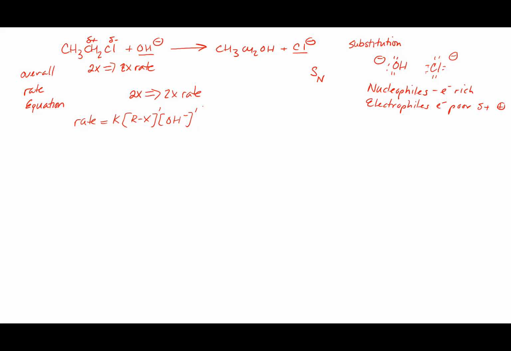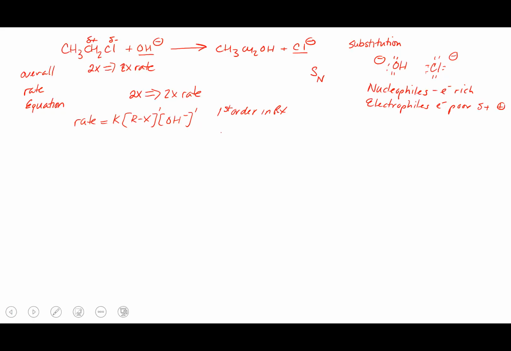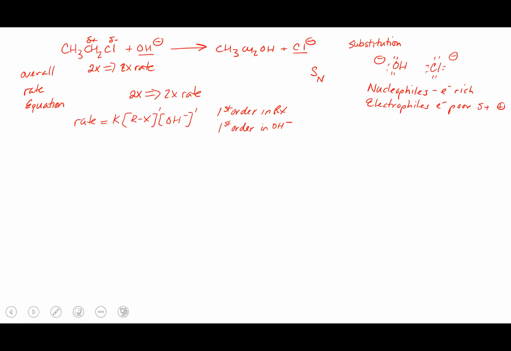And so now we can apply some terms here. For instance, this reaction is first order in alkyl halide. It is first order in hydroxide. And what order is it overall?